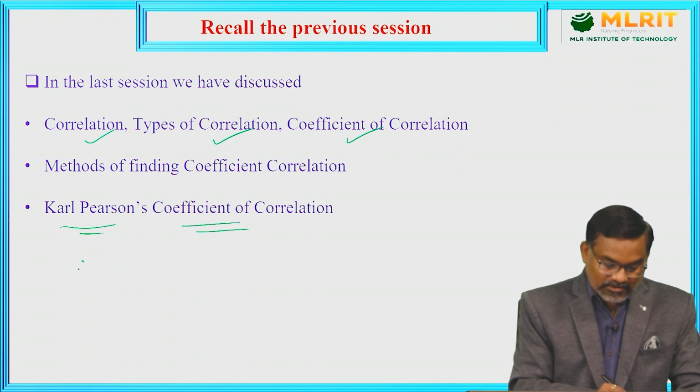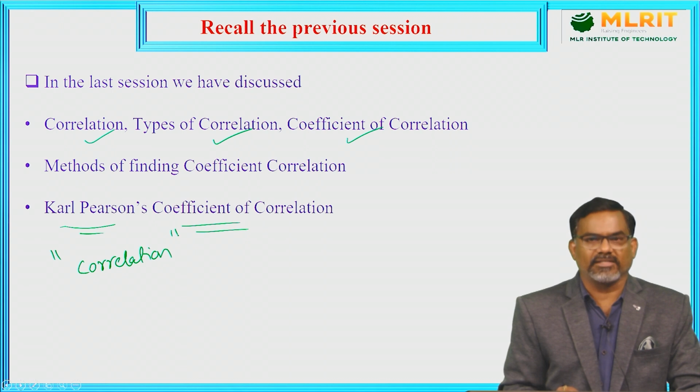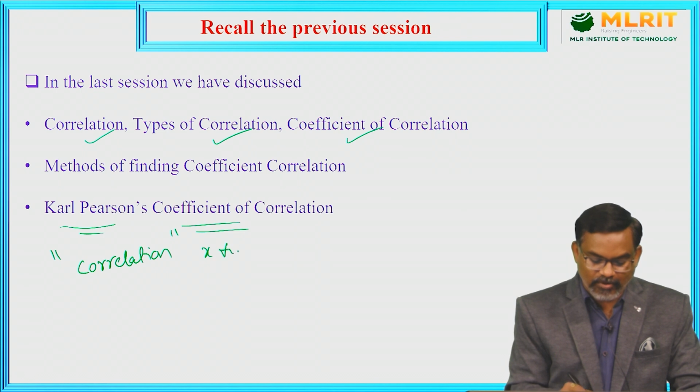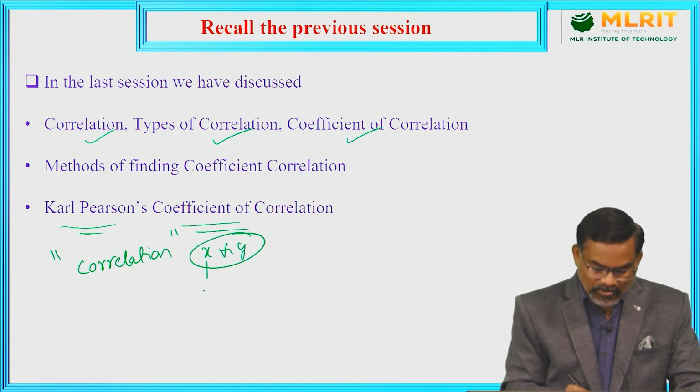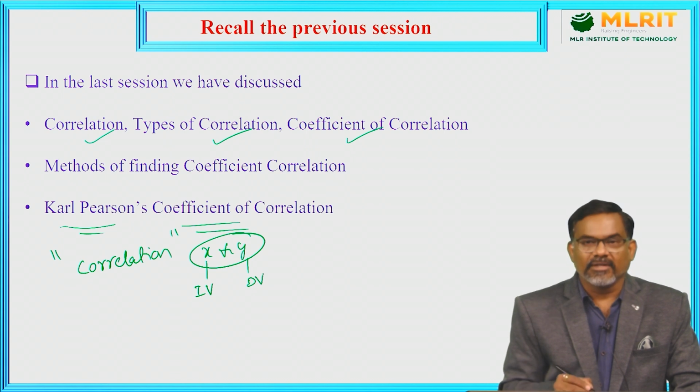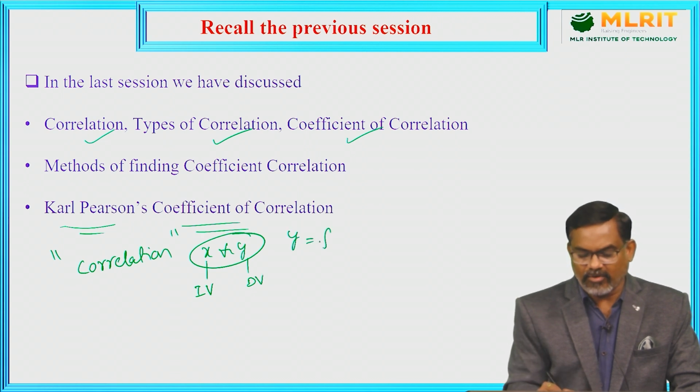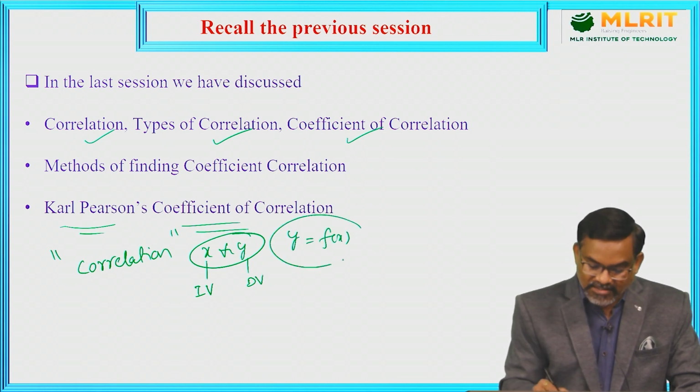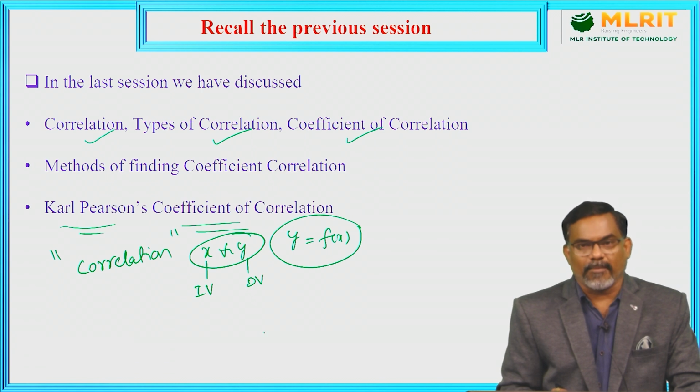Here the correlation is a statistical analysis which measures the magnitude of the relation between two variables. For example, there are two variables x and y. Let us suppose x the independent variable and y the dependent variable. Then in general we write y equal to f of x. So in fact this gives the relation between x and y.